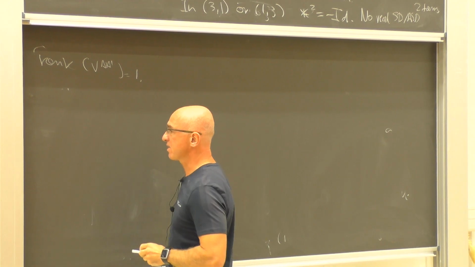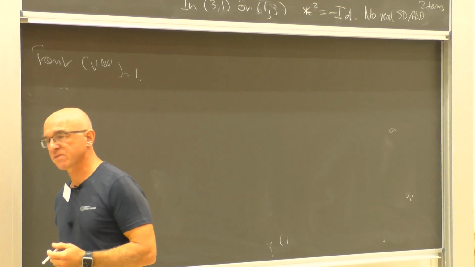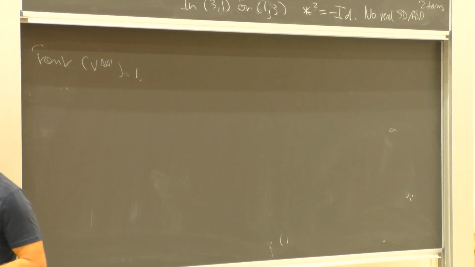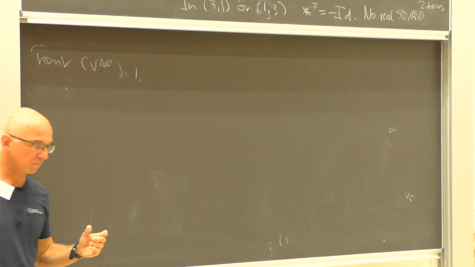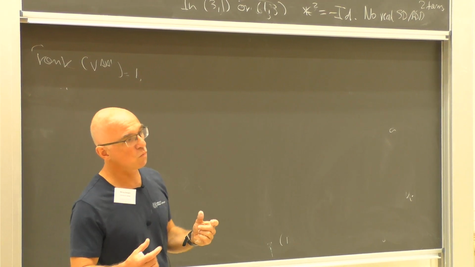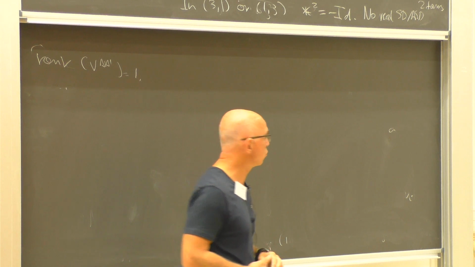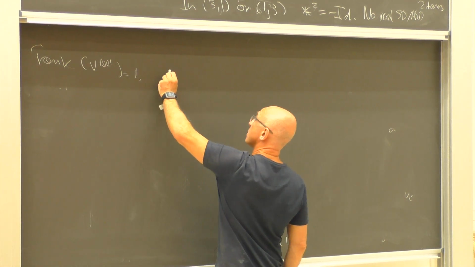And that means, and that's a linear algebra fact, that this matrix can be written as a product of two, well, 1 by 2 and 2 by 1 matrices.